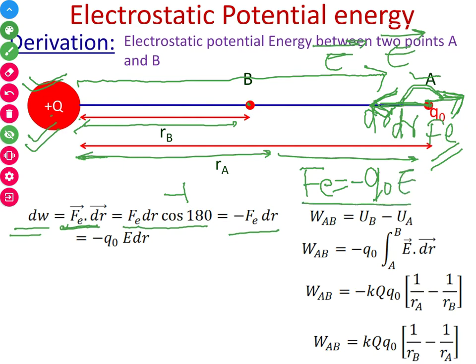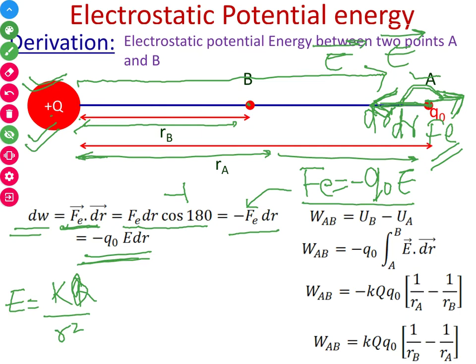So if I put this value here, the expression becomes like this, and we know that E is equal to KQ upon R square.